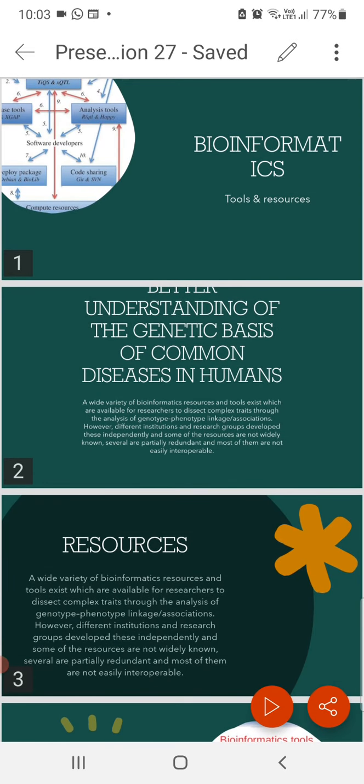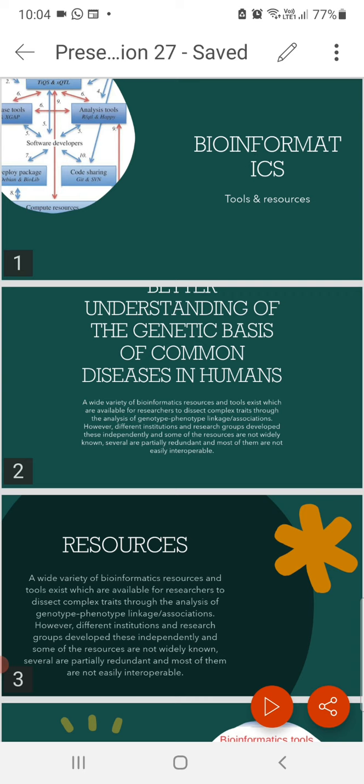Bioinformatics belongs to biology, computers, and all the branches of biological sciences like biotechnology, genetics, biochemistry, even chemistry, physics, engineering. All these fields are interrelated to each other via bioinformatics.